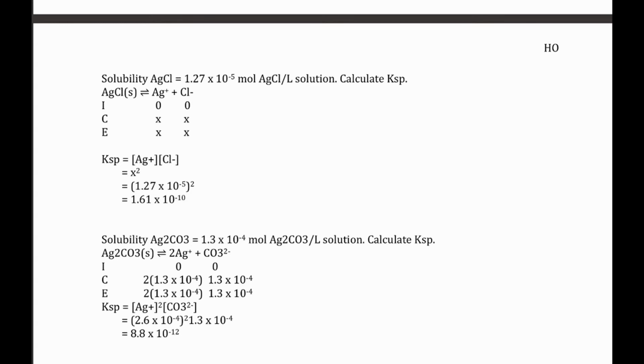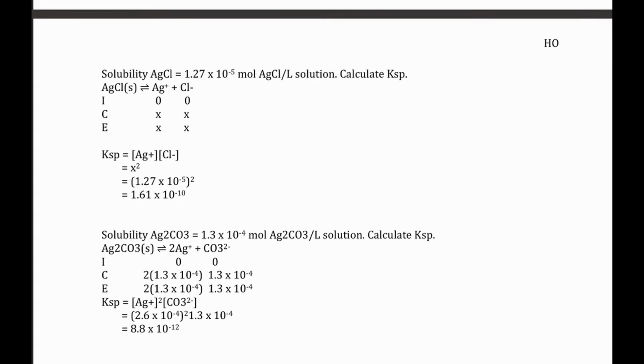So when we're talking about which is more soluble, we can only compare solubilities. We can't compare Ksps. If we're given Ksps for 2 salts and we're asked to determine which is more soluble, to be on the safe side, we have to go from Ksp to solubility so that we can compare solubilities. We can't necessarily compare Ksps.